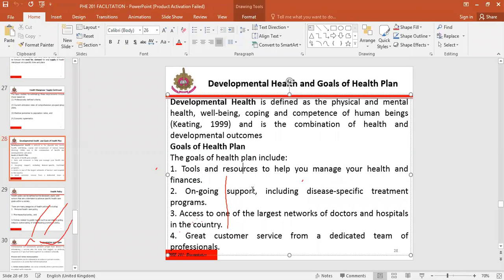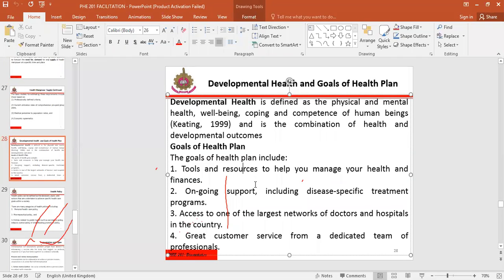One of it is that the tools and resources to help you manage your health facilities and finances must be given very good importance whenever you are trying to have your health plan.